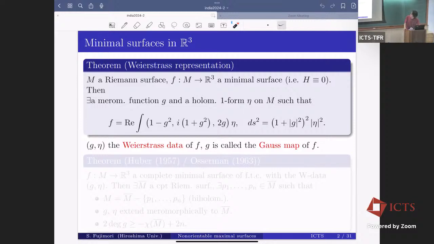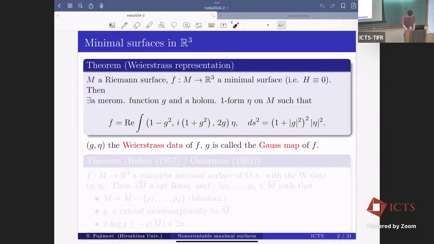Then there exist a meromorphic function G and a holomorphic one-form eta on M such that F can be represented this way. And the first fundamental form is this. We call this pair G and eta the Weierstrass data of F.